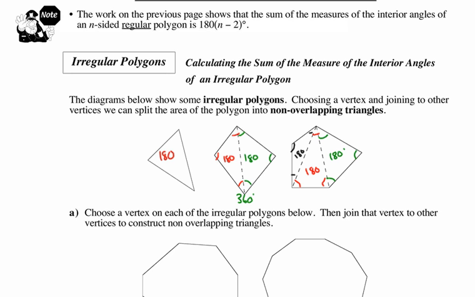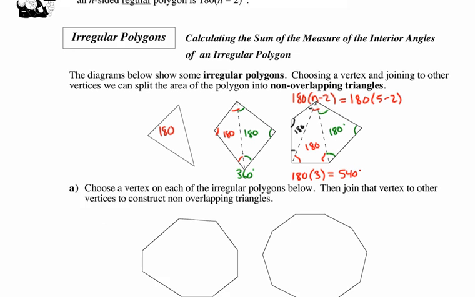Notice that all these angles that we've drawn will total up to all the angles in our n-sided shape. So 180 times 3, and notice this was a 5-sided shape, is 540. Okay, and on our previous page we proved that it would be 180 times n minus 2, which is 180 times 5 minus 2.